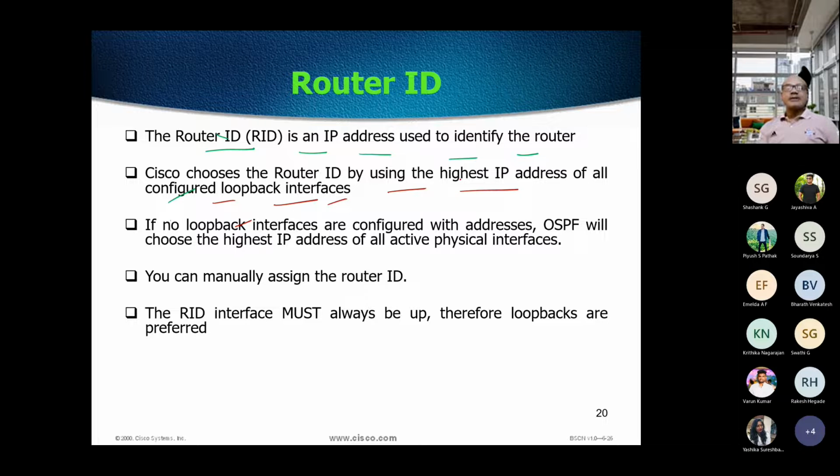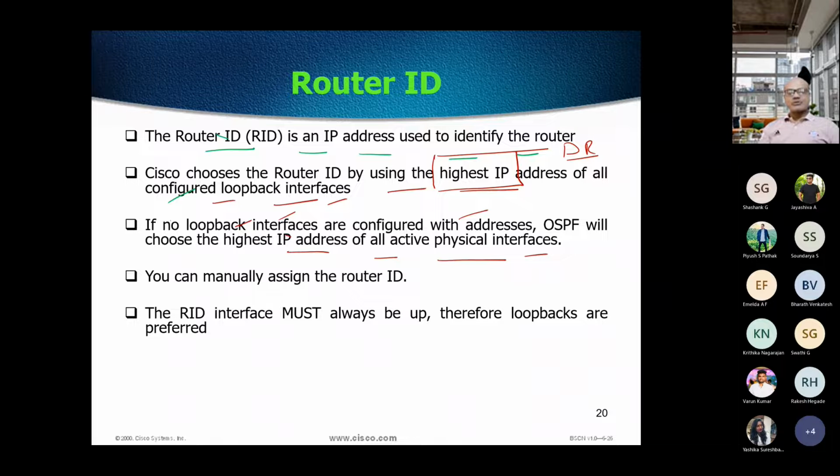So the highest IP address will become your router ID. If no loopback is configured, OSPF chooses the highest IP address of all the active physical interfaces. That will become your designated router.